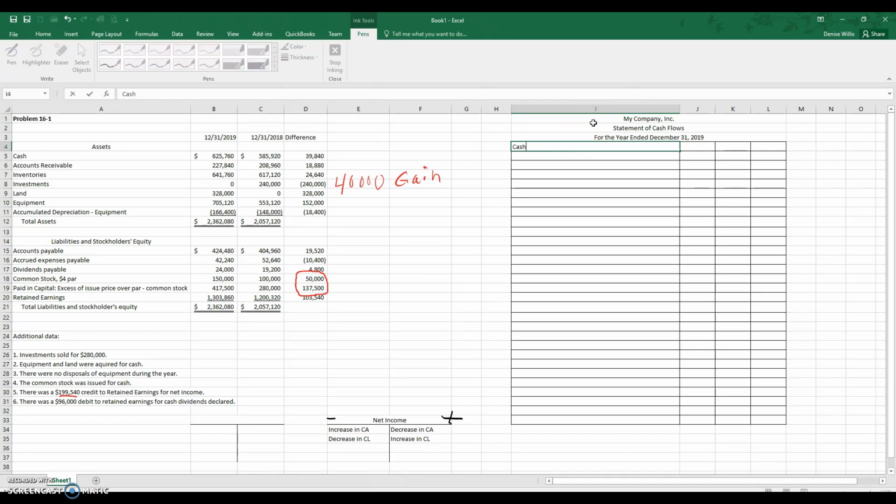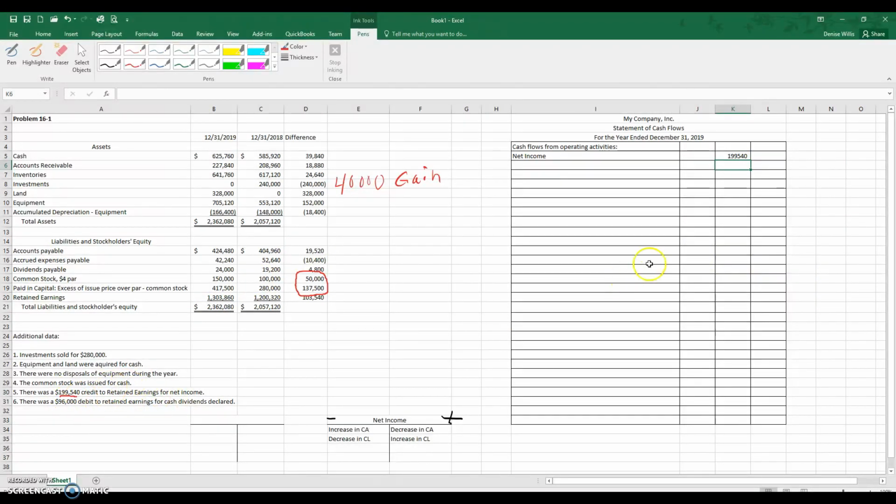So, okay, now with the indirect method, our first step is just to simply put net income in. Our net income, we're going to put in this column right here is 199,540. Okay, and where did I get that number?